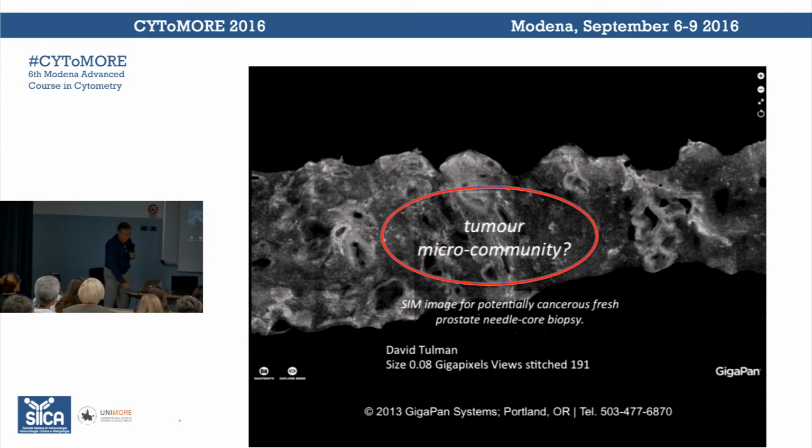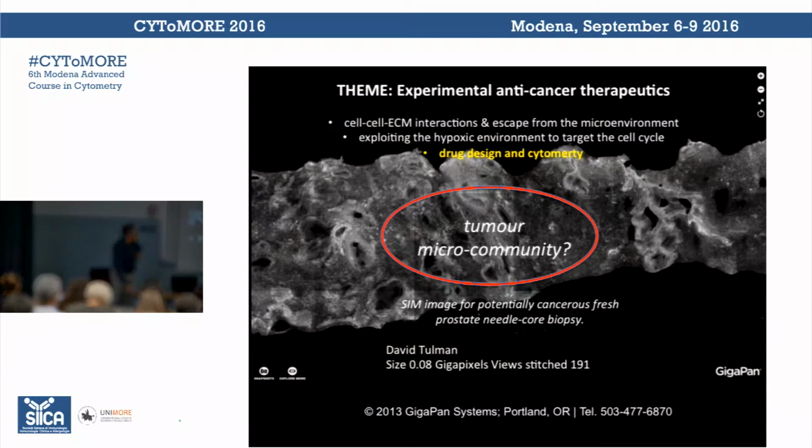challenge for therapy. So the theme of the talk will be experimental anti-cancer therapeutics, but I'll be taking little diversions, a little like the way that Andrea drives around Modena, little diversions here and there to touch upon cytometry and its use and its applications.